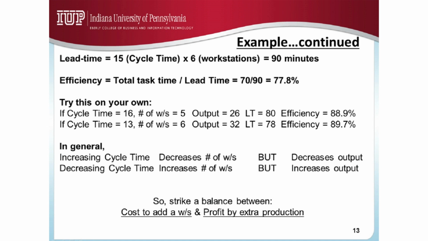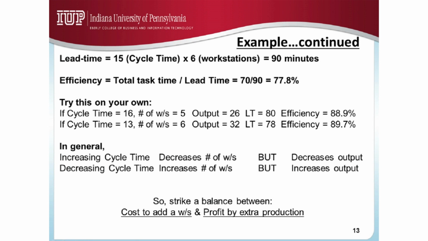So you will have 32 units per day, and at the end of the week you will have 160, significantly more than the desired output rate, which was 140. And look at your lead time. It is 78 minutes, 13 times 6, and your efficiency is 70 divided by 78, which is close to 90%.